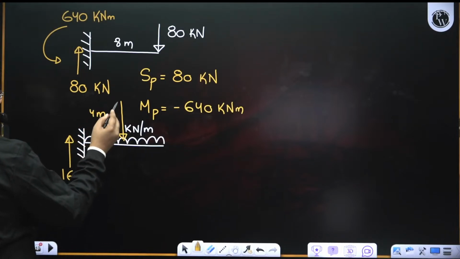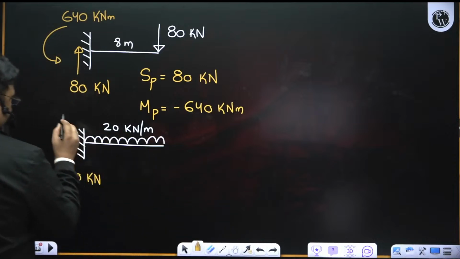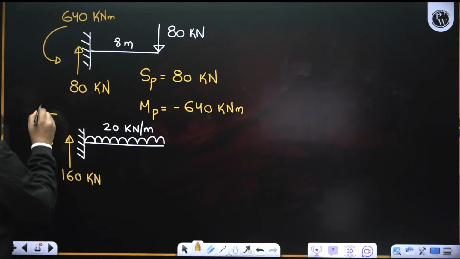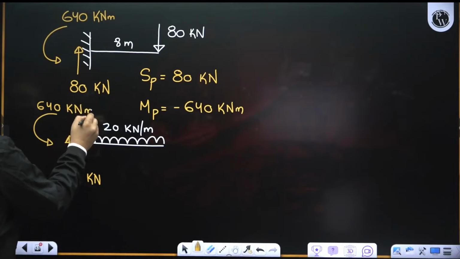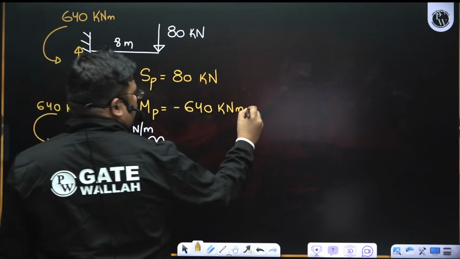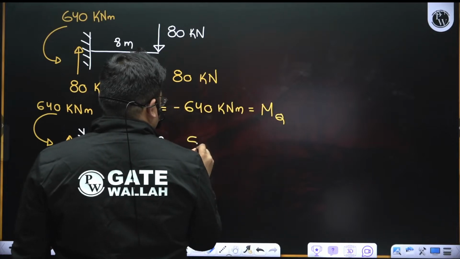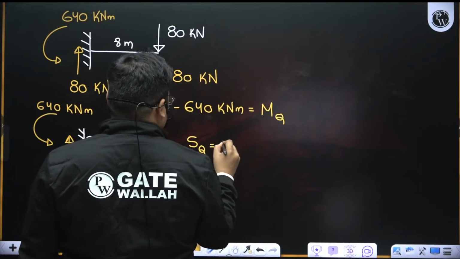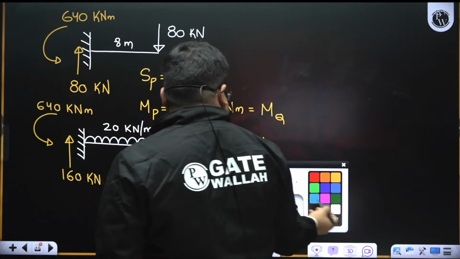So moment generated will be 160 into 4, will be 640 again. So I can say that for Q case also the moment generated at the support is this only, but the shear force for Q is how much? It is 160 kilonewton.